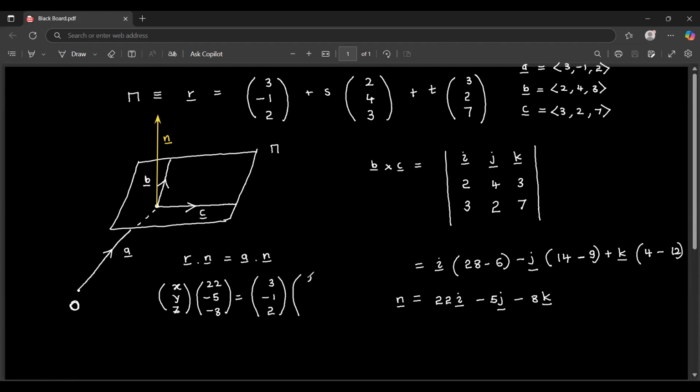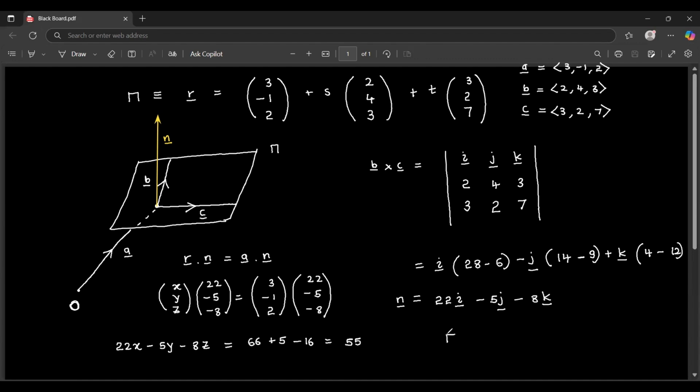And here we have (22, -5, -8). So this will be equal to 22x minus 5y minus 8z can be given as 3 into 22, 66, minus 1 into minus 5, plus 5, 2 into minus 8, minus 16. So this is equal to 55. I will write that down.